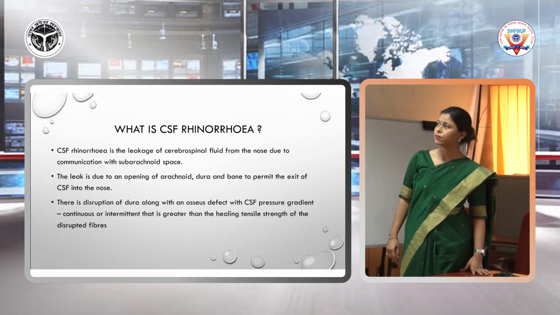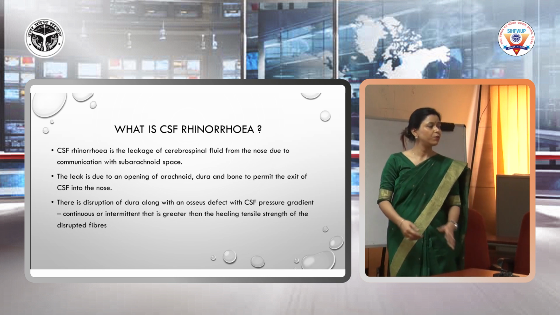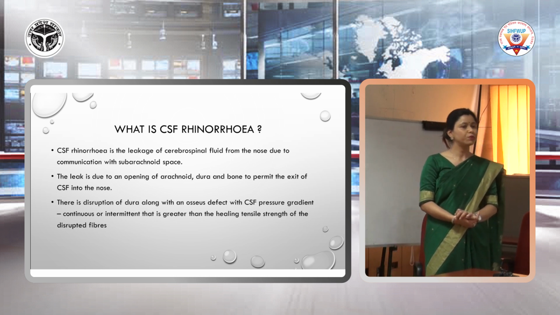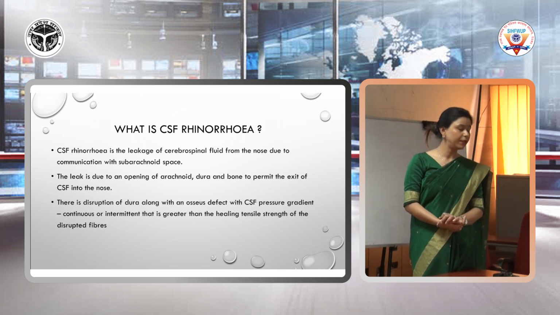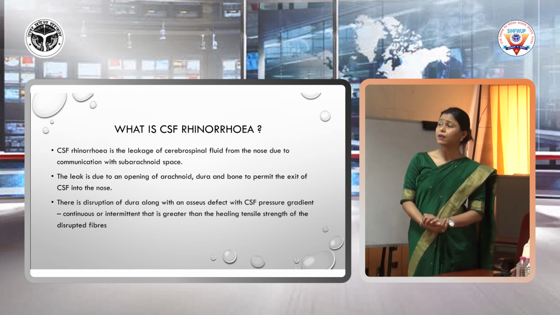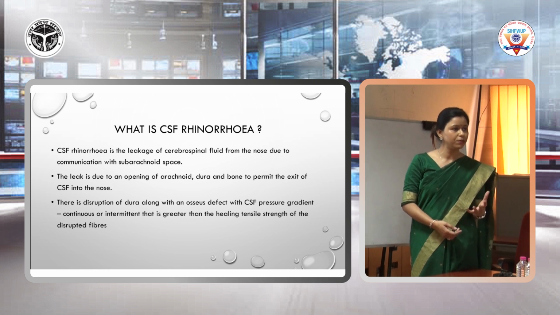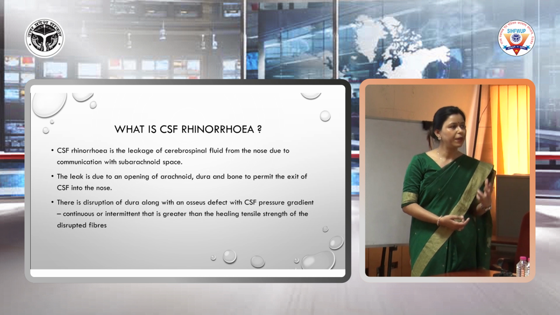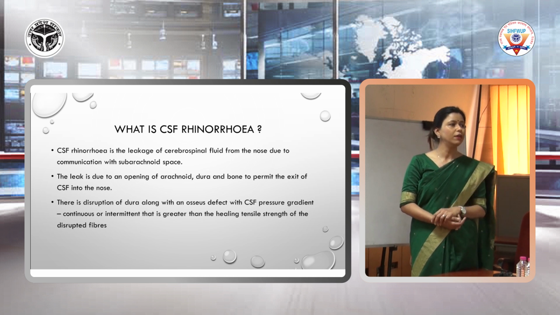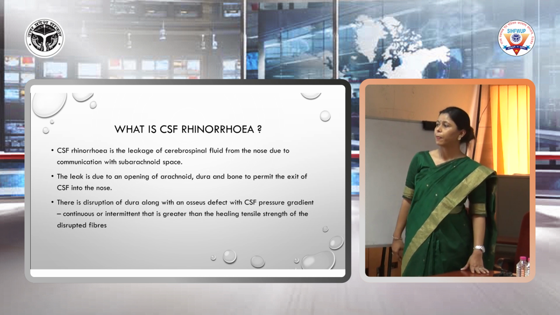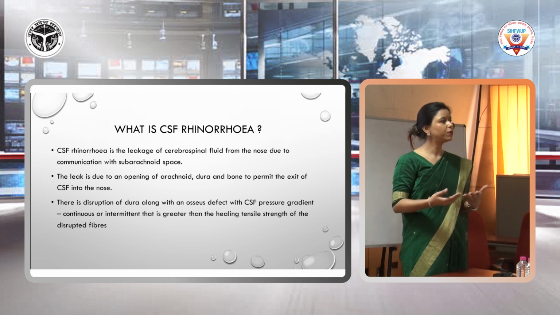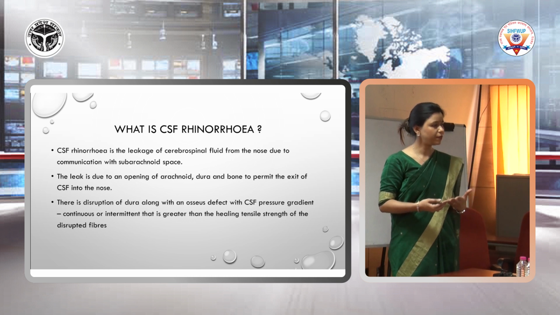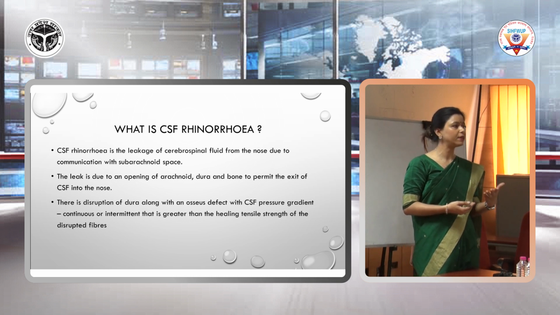Right, so what is CSF rhinorrhea? CSF rhinorrhea is the leakage of CSF due to an osseous defect in the skull base along with a defect of the meninges. That leads to the prolapse of the meninges, the dura and the arachnoid, as well as in some cases the brain tissue also, when it is called encephalomeningocele. When the dura is disrupted but there is no displacement in the osseous defect, it generally heals, like in traumatic cases.